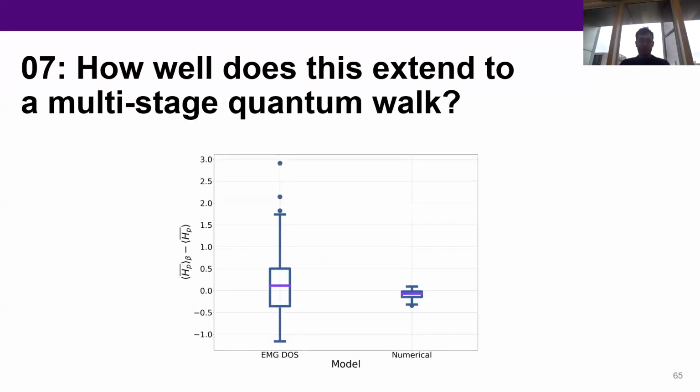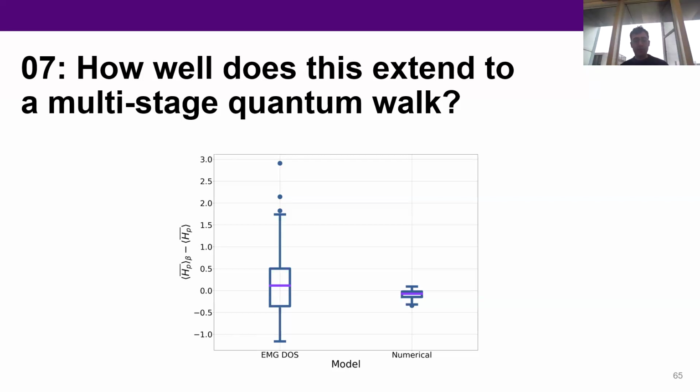If we wanted to build up some more numerics, we could do so. So this plot shows the result from a 5-stage quantum walk with the same schedule as before, where gamma is increasing from 0.5 by 0.5 each time. The y-axis shows the difference between the thermal prediction of HP at the end and the true value of HP at the end.